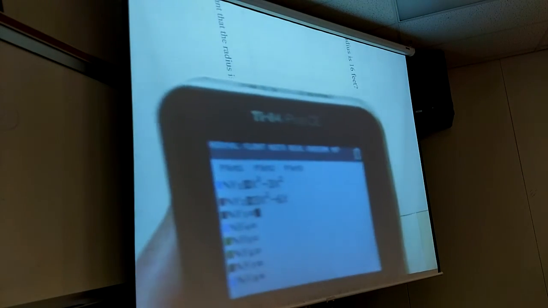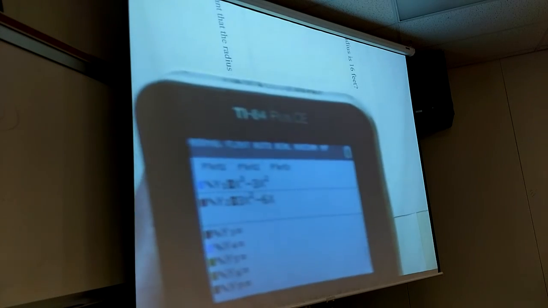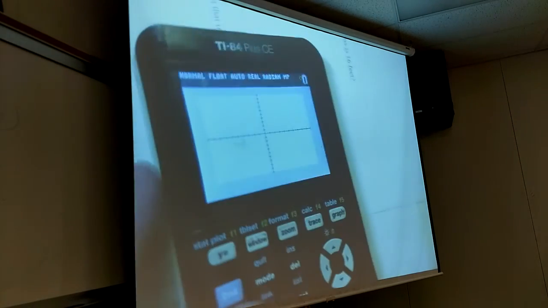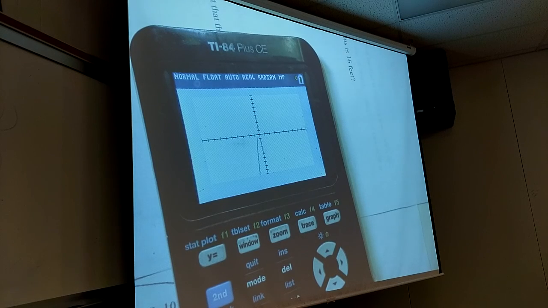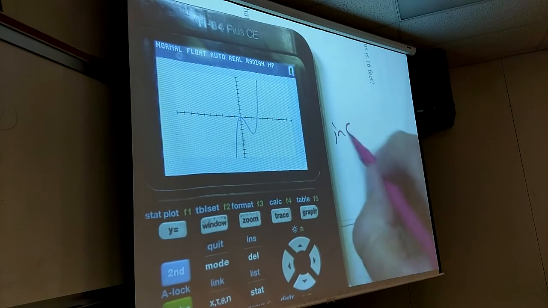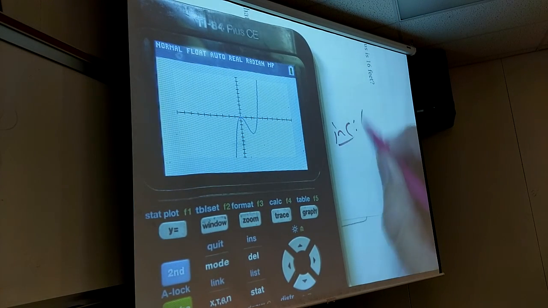What intervals is it increasing, decreasing? The original function. Let me take away the slope function. Look at the original function. Where is it increasing? What interval? Good.